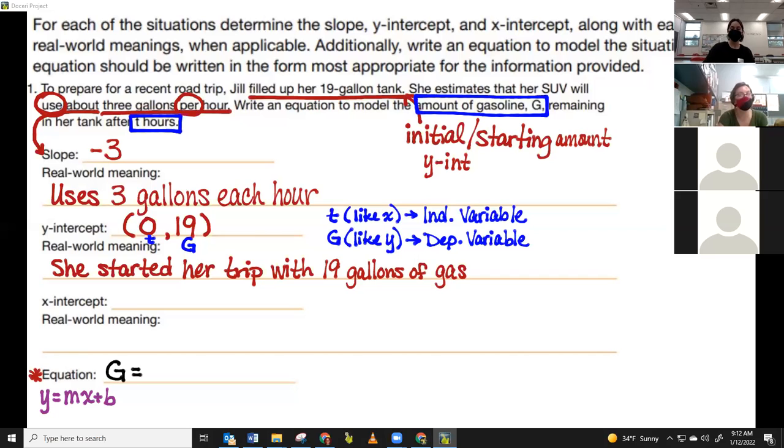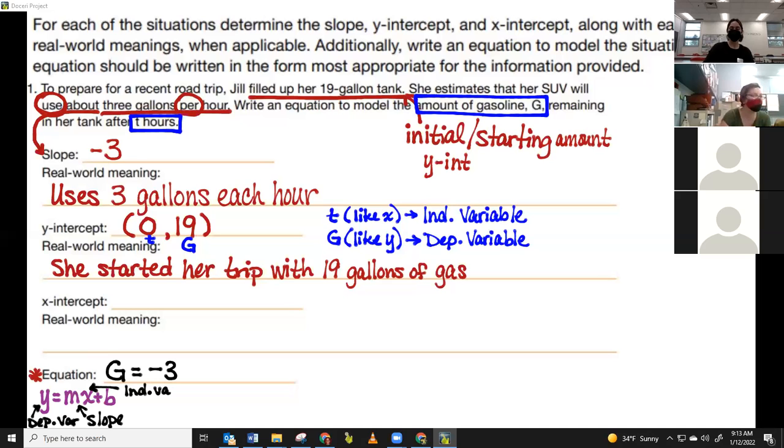And then I need my slope, my M. What is our M? -3. And then I need what would be X. X is my independent variable.